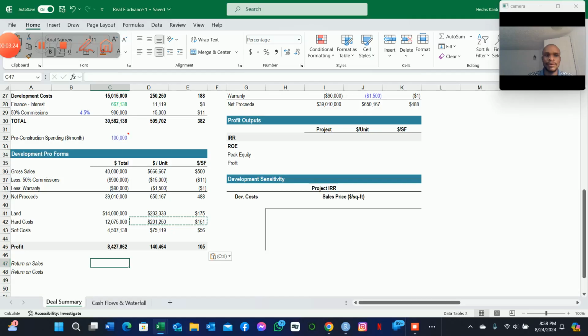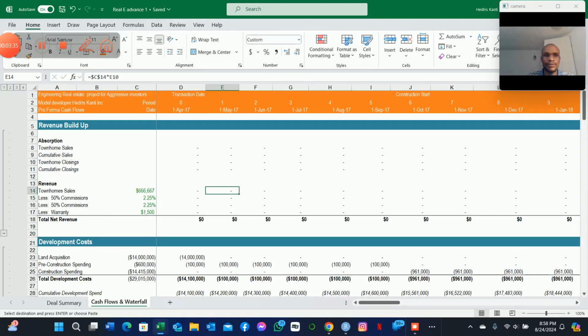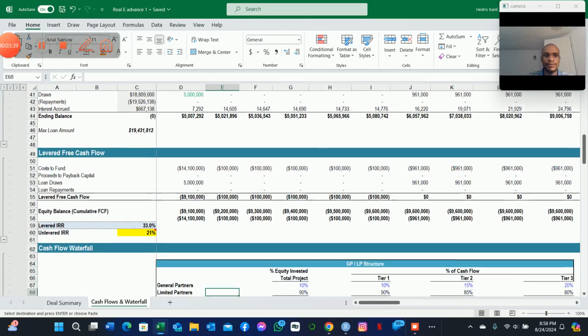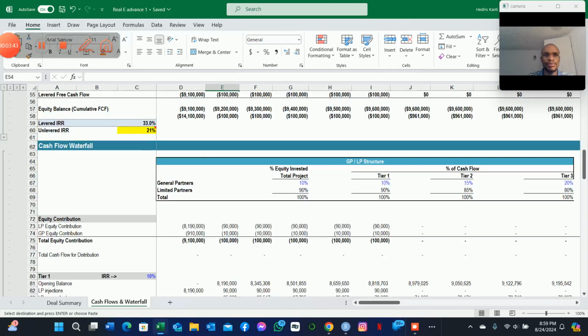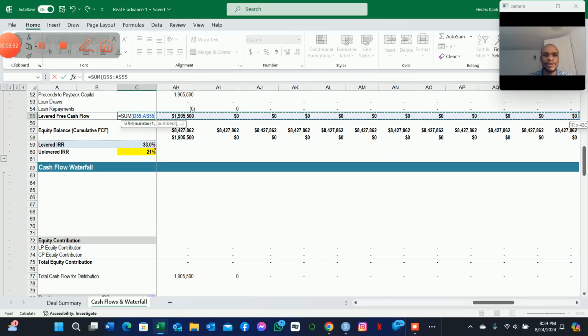8,427,862. So we can see that this profit, if we go back to our cash flow waterfall, scroll all the way up, to the sum of the free cash flow to the firm. If we sum this amount, we will see that it's the same as the profit that was earned.